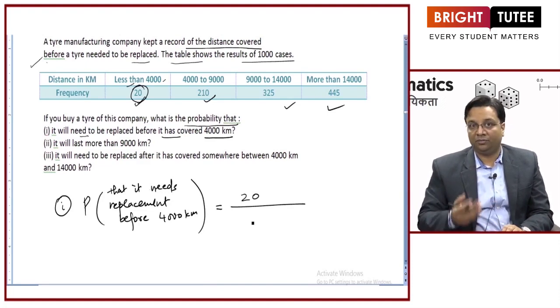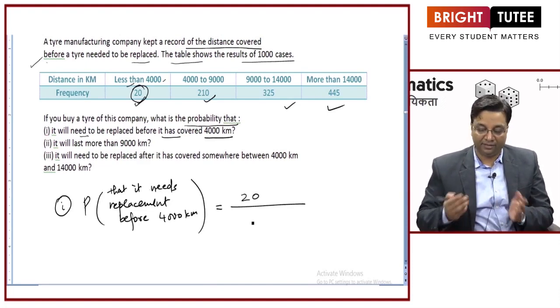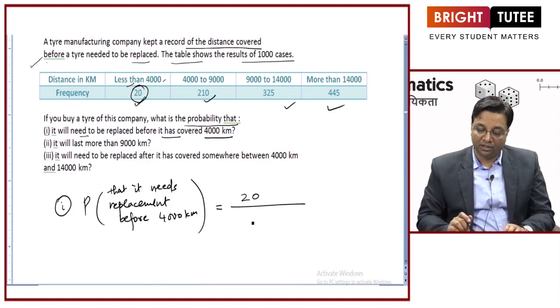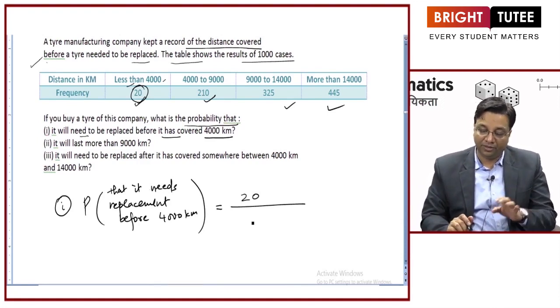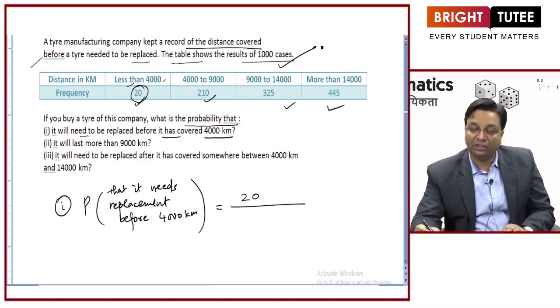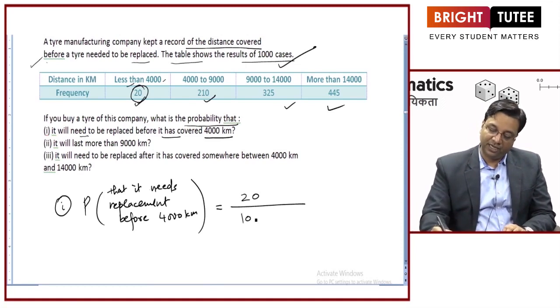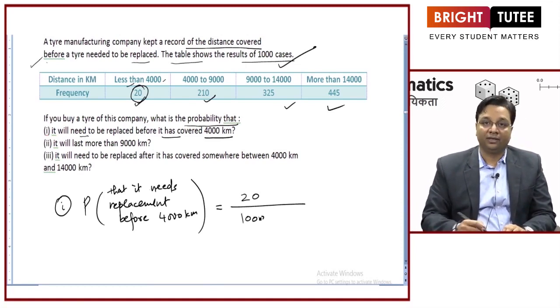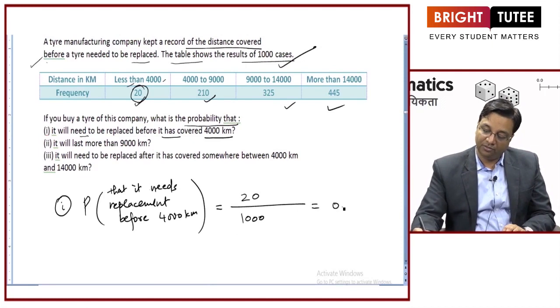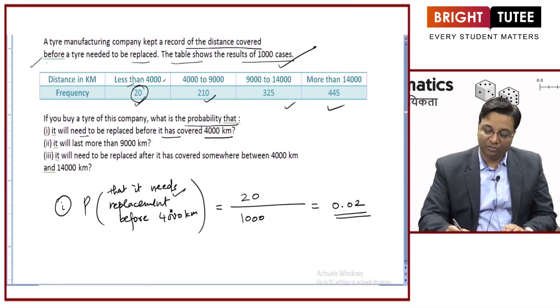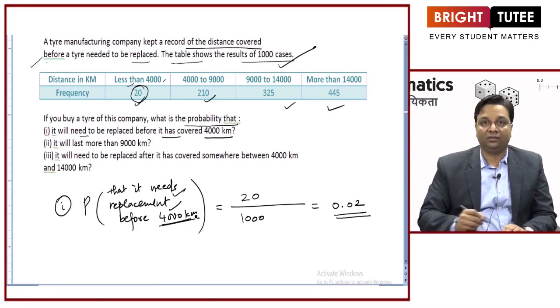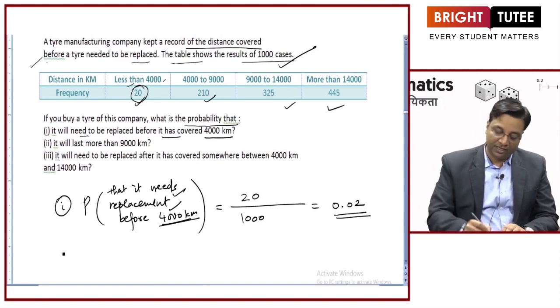The total number of times that the experiment was performed or this observation was made. It was made for 1000 cases. So, we will divide it by 1000. So, the probability is 0.02. This is the probability that the tire needs to be replaced before completing 4000 kilometers.